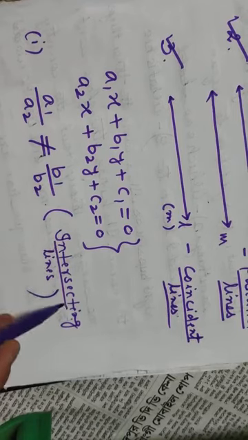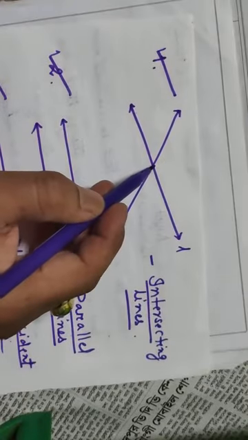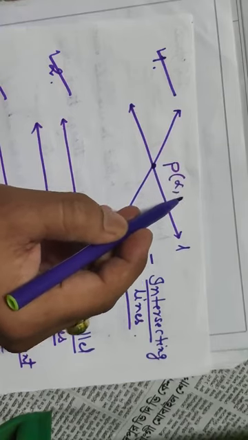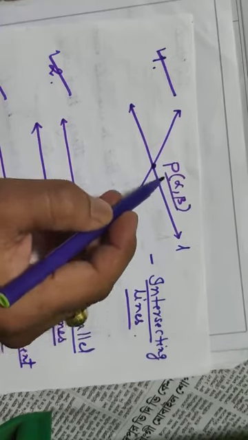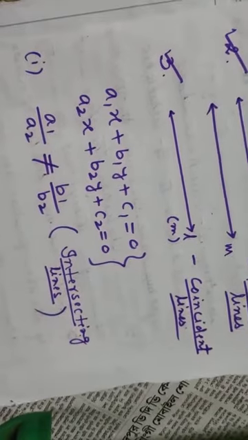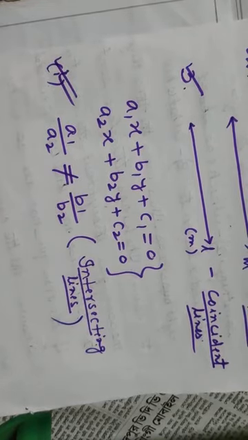They will intersect at a point, like this. Suppose I take this point P, alpha beta, then this alpha and beta will give the solution of the given pair of linear equations in two variables. So this is the first condition.